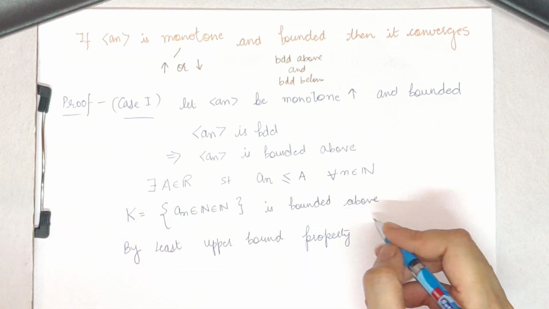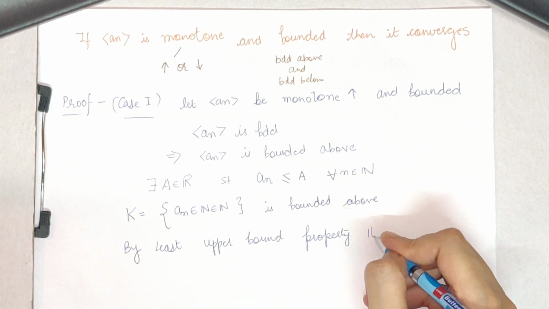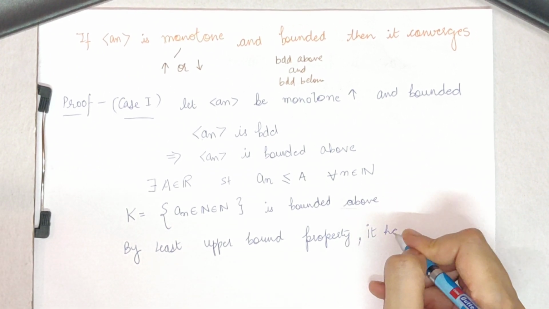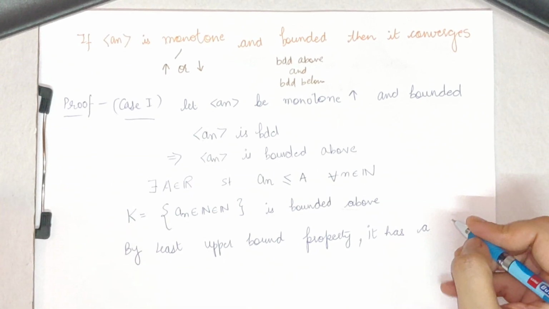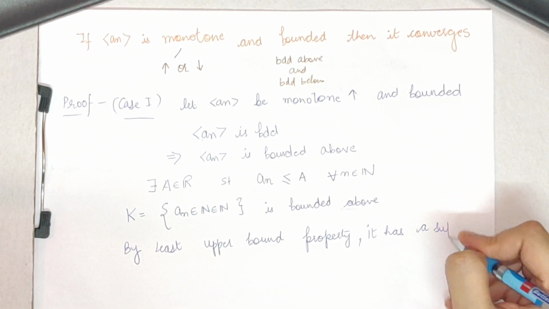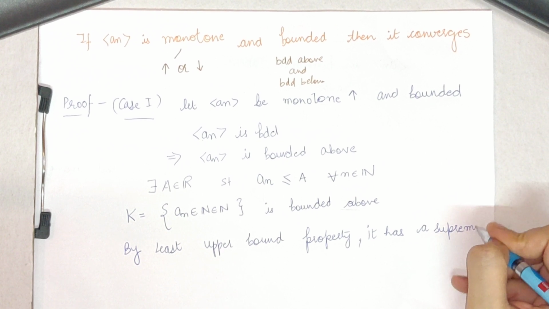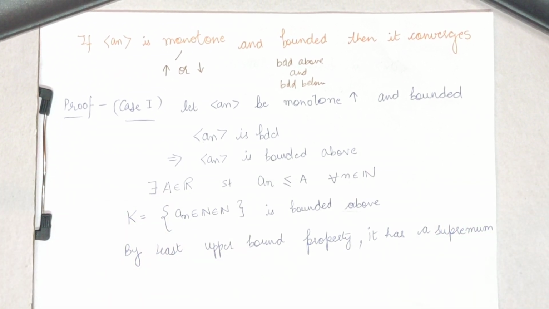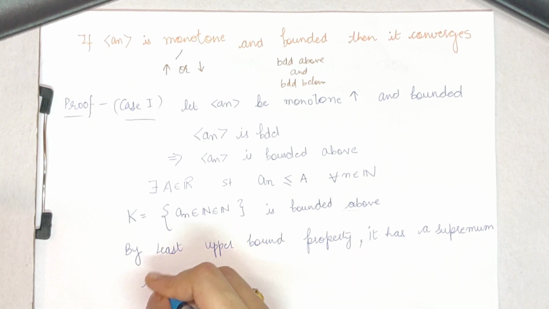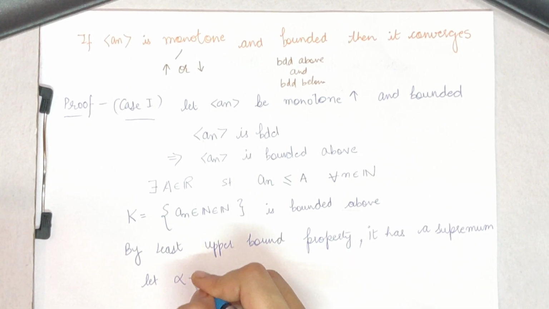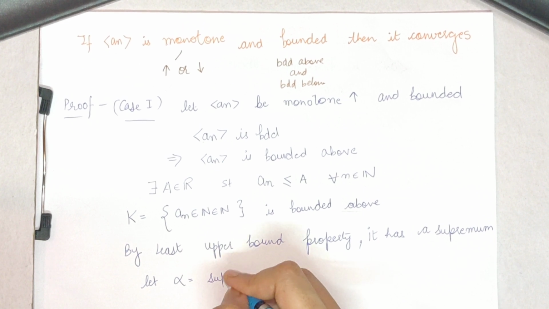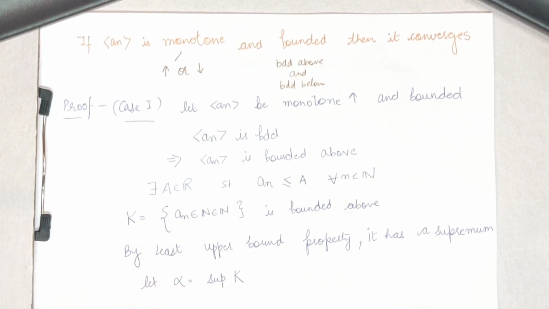If it is bounded above, then it has a supremum. Supremum means least upper bound. We'll call that alpha. Let alpha be the supremum of this set K.